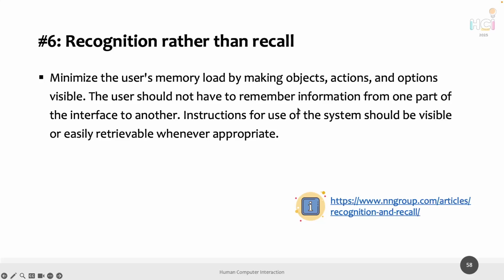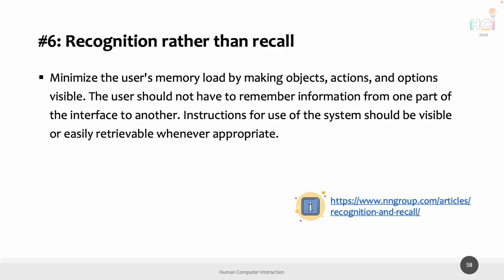Number 6, recognition rather than recall. This is very important. So we should try to minimize the memory load of the user by making objects, actions, and options visible. And in particular, the user should not have to remember information from one part of the interface to the other.